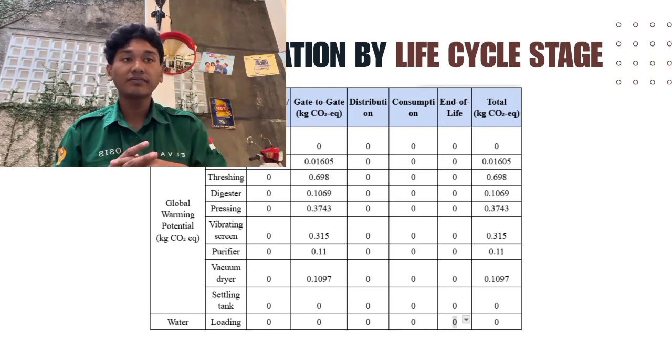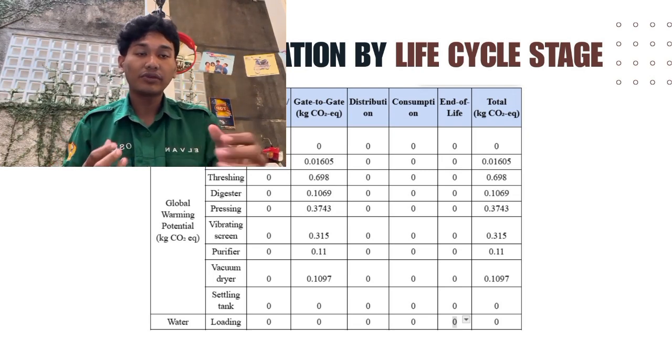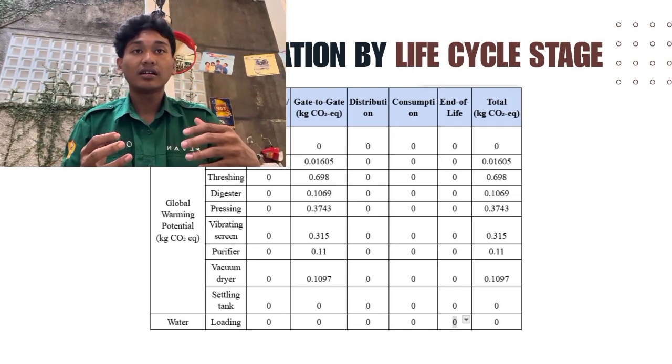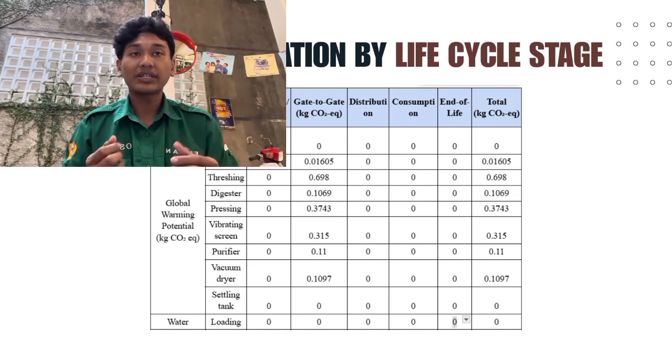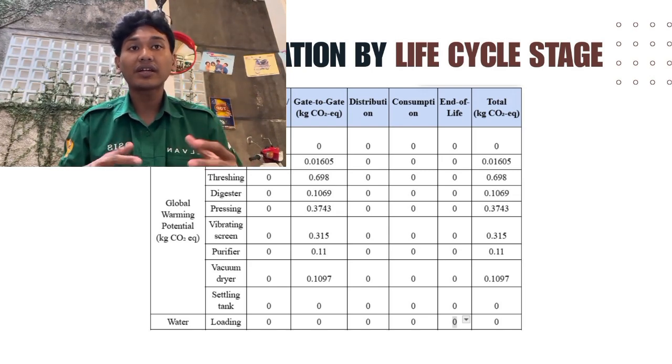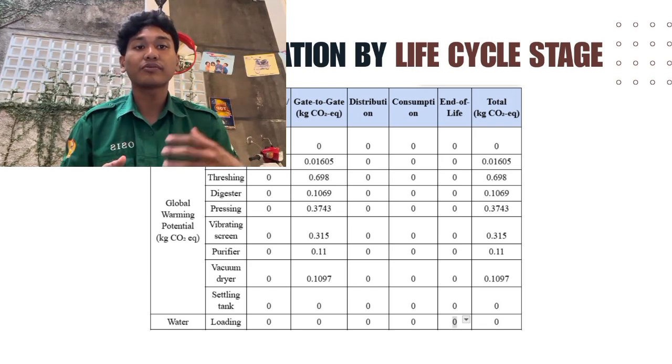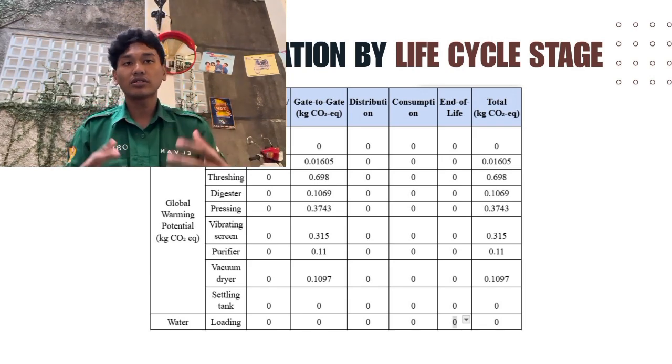And from the run, we know the impact characterization. We can see in the table there are two impact categories. The first one is global warming potential, and the second one is water consumption.